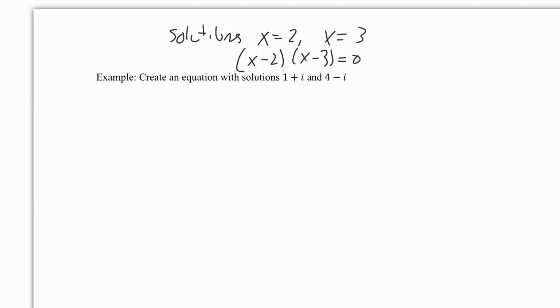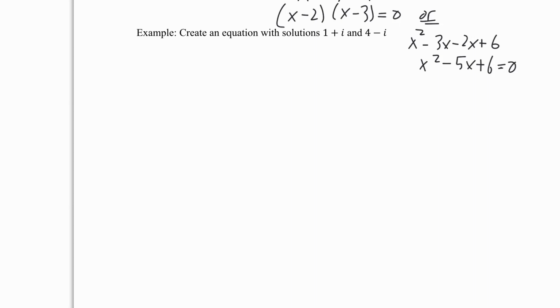So here I would get x squared, and then minus 3x minus 2x plus 6. So x squared minus 5x plus 6 equal to 0. That would be my equation that has these as solutions.